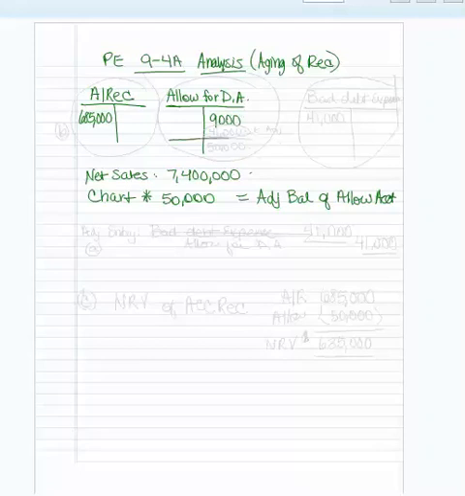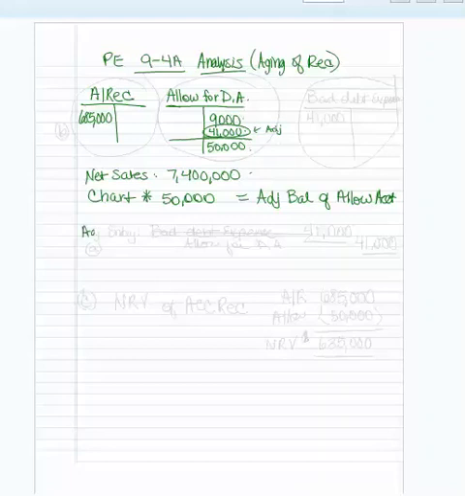The adjusted balance needs to equal $50,000. How much does the adjustment need to be? A debit or credit? Needs to be a credit of how much? $41,000. Because a credit plus a credit equals a bigger credit, right?